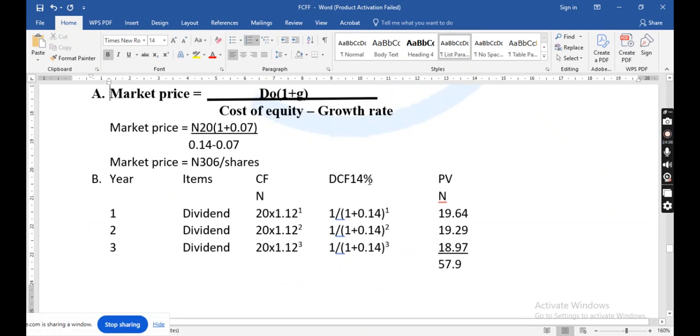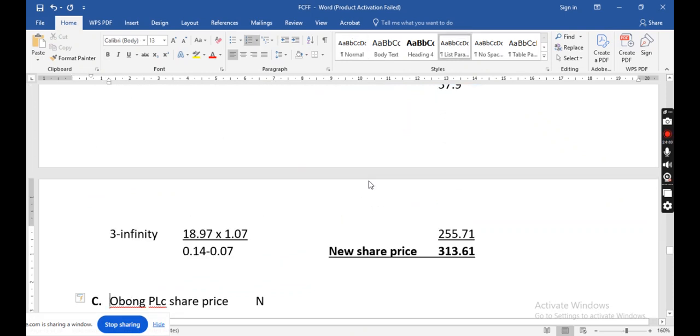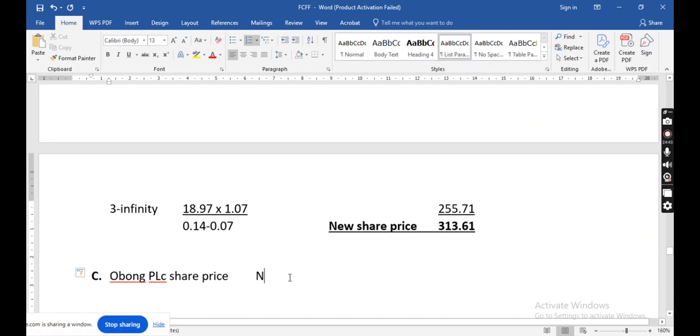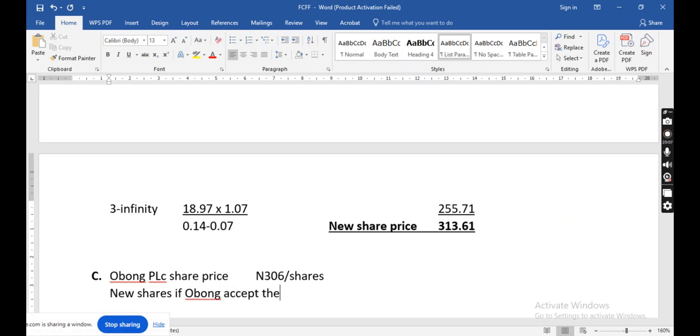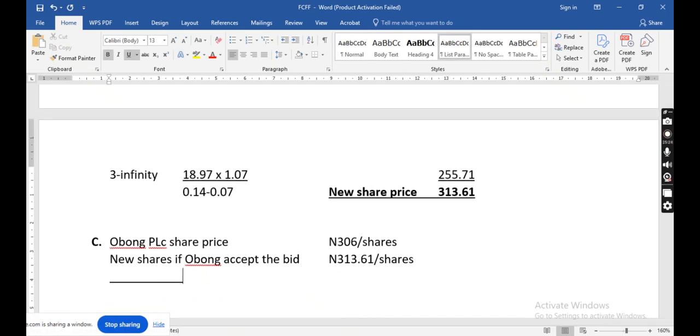Obong PLC, the first one, is 306 per share. The new share price if Obong accepts the bid is 313.61 per share. So what is the increase? What is the difference?